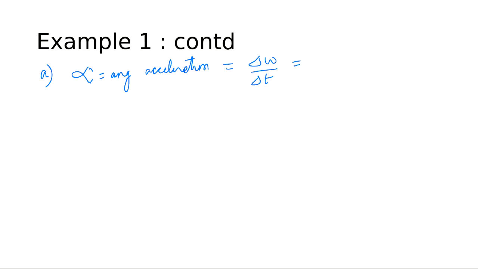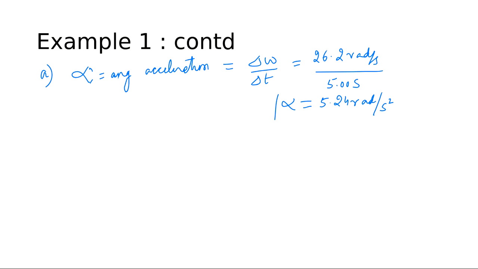You already know the change is 26.2 radians per second, divided by the time that is given as 5.00 seconds, all in 3 sig figs. If you work this out, you will get the angular acceleration as 5.24 radians per second square. This is your alpha and not the tangential acceleration, which is in meters per second square.